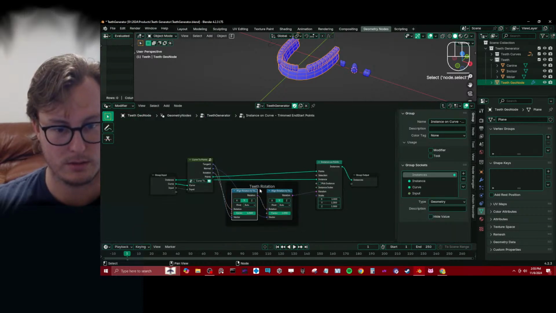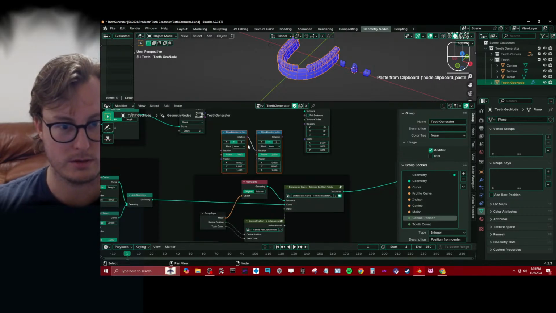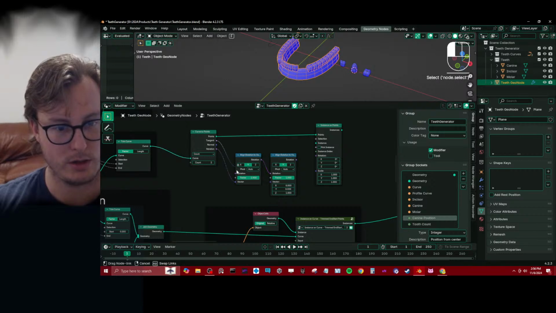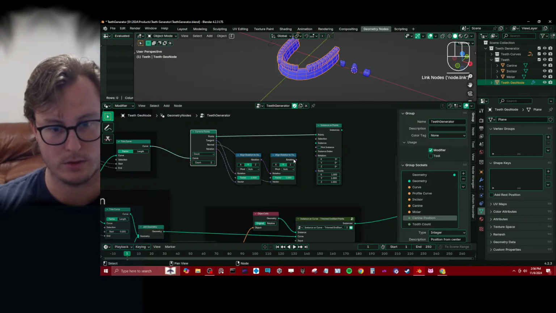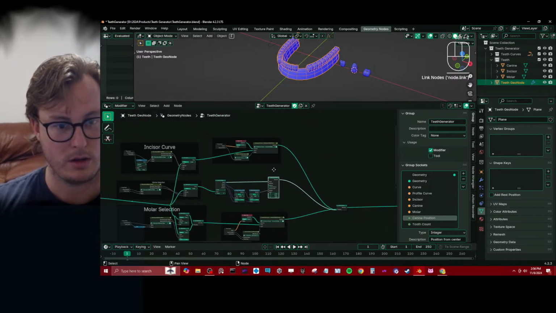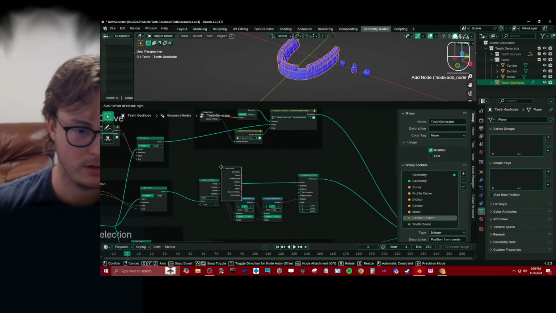These, please. Copy. Paste. Rotation, tangent, normal. Here. Join them. Here. And we're going to add input.